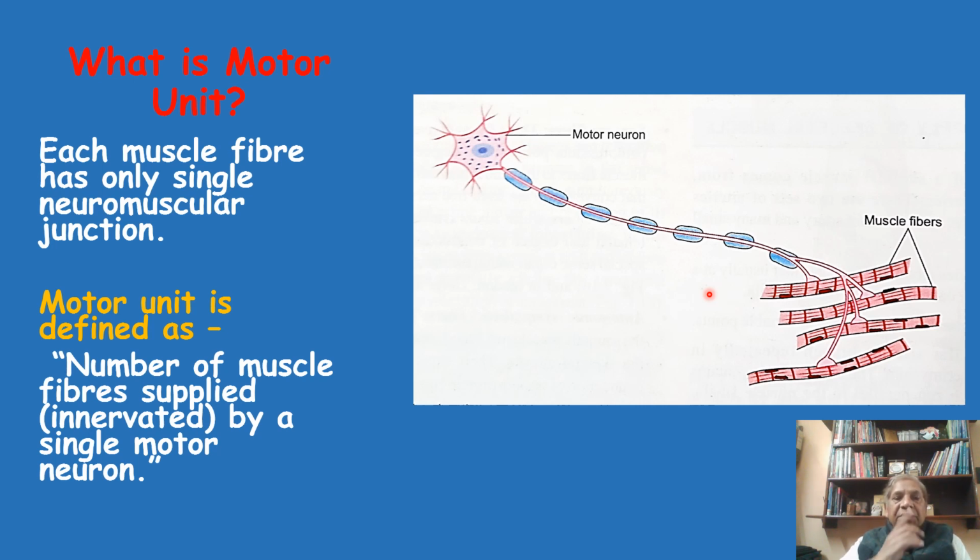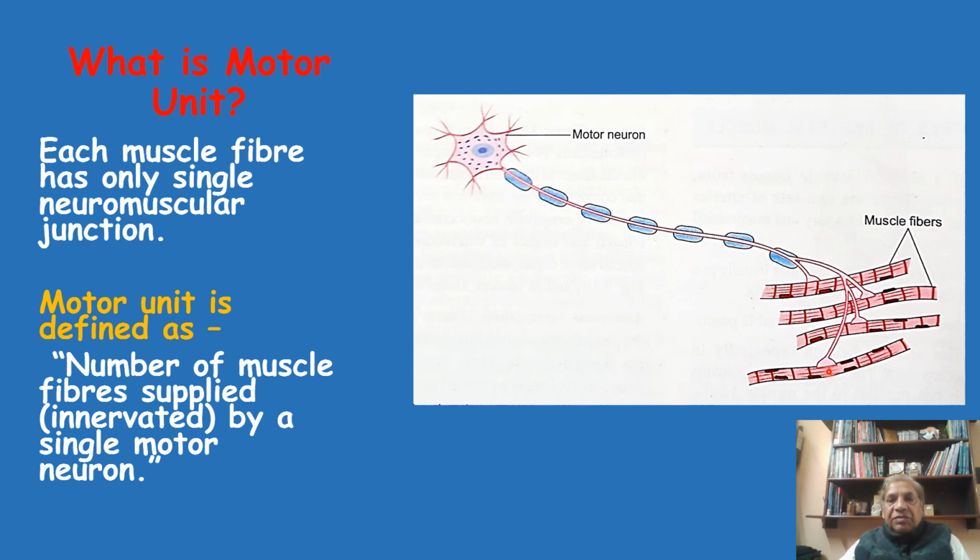A motor unit is defined as the number of muscle fibers supplied by a single motor neuron. For example, here in this example, the number of skeletal muscle fibers is 4, and they are supplied by a single motor neuron. Hence its motor unit is 4.